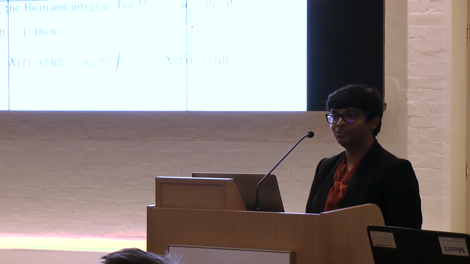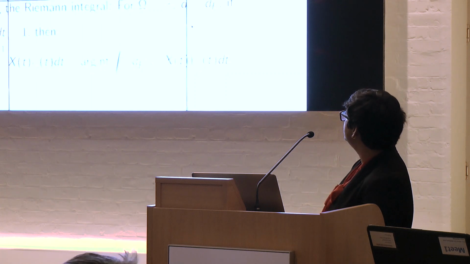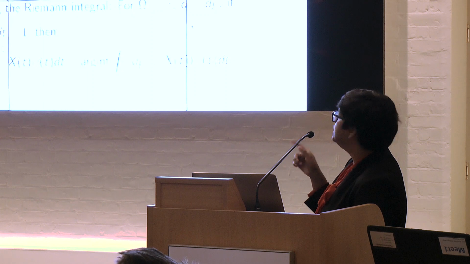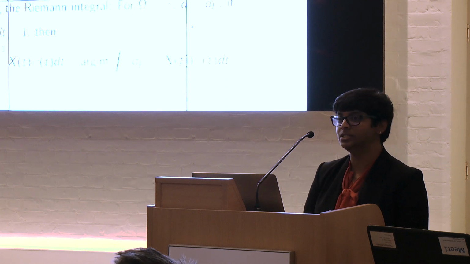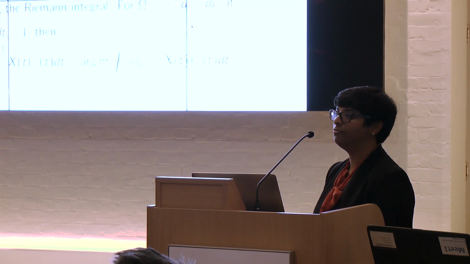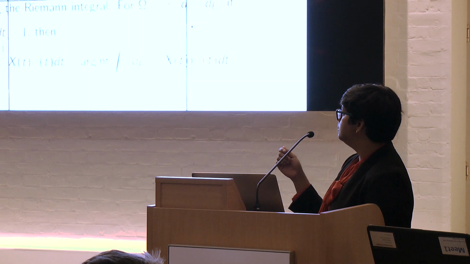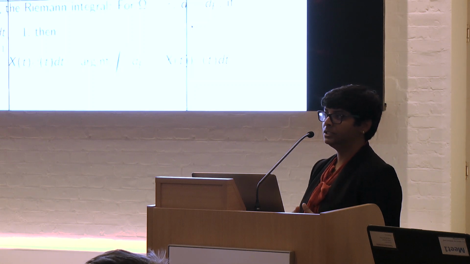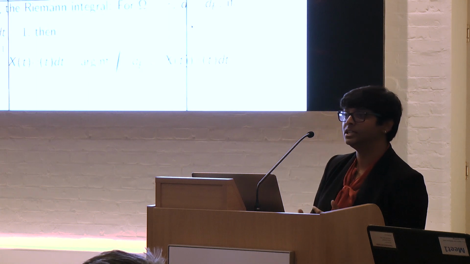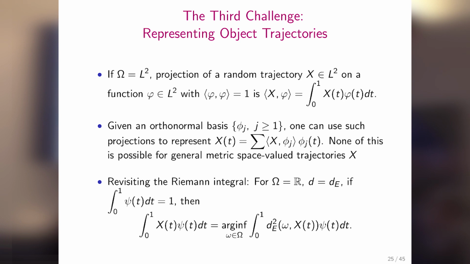Here we take a closer look at the integral of X_t psi_t dt and observe that Riemann integrals are basically limits of Riemann sums. So when the integral of psi_t dt integrates to 1, the Riemann sums are basically just weighted averages of X_t.